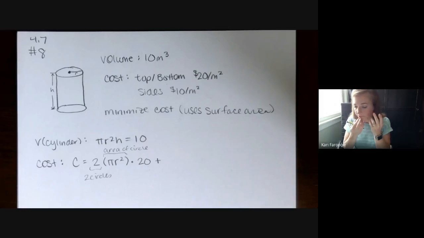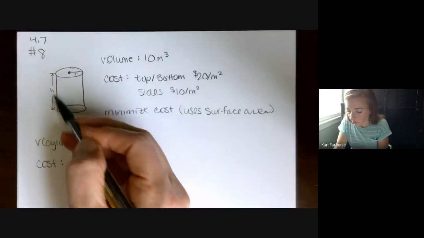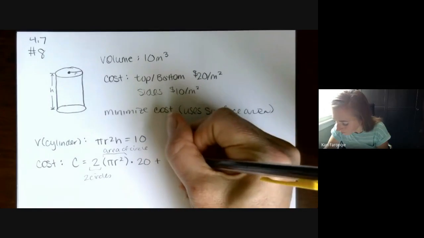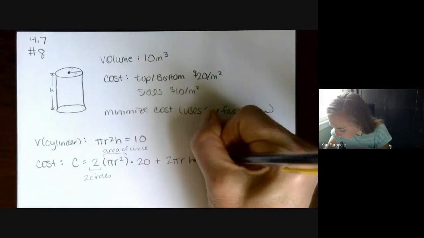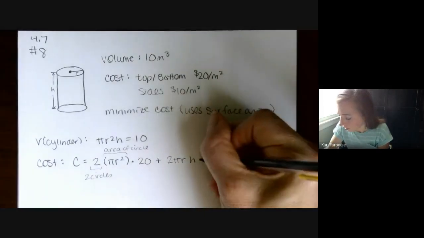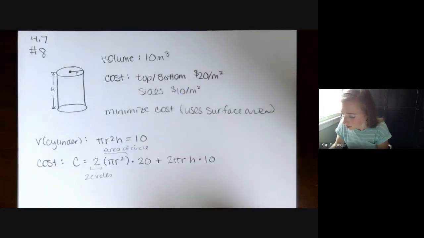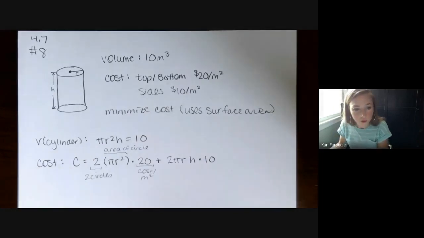So we'll go with that. So we have the 2 pi r squared, and then we have 2 pi r, which is the circumference, and then times h. And we just have one of those. So 2 pi r h, and then we're going to multiply that by 10. Oh, I should mark these. Cost per meter squared.